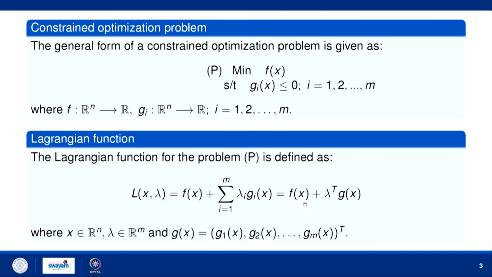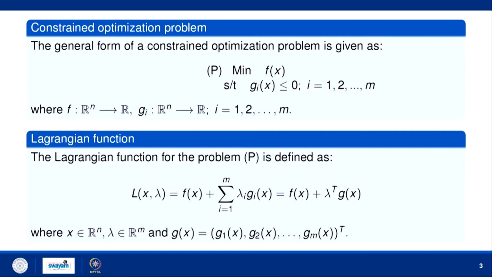We can also write this as f(x) plus lambda transpose g(x). Lambda is basically lambda 1, lambda 2 up to lambda m, and g is basically g 1, g 2 up to g m. When we multiply these two, we get lambda 1 g 1 plus lambda 2 g 2 and so on up to lambda m g m. In this way we can write the Lagrange function of a given nonlinear programming problem.